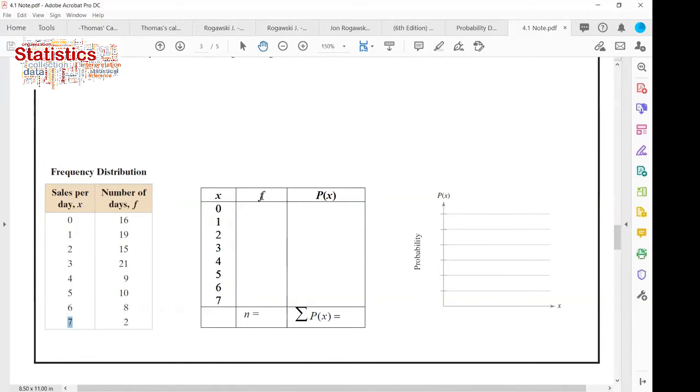Okay, you have the frequency for each of the X values. You need to construct the probability for each of the X values.